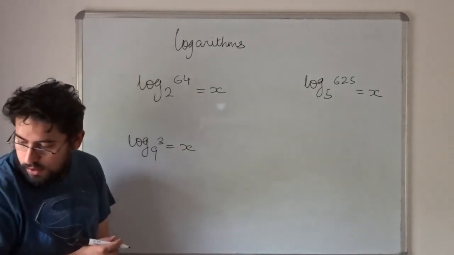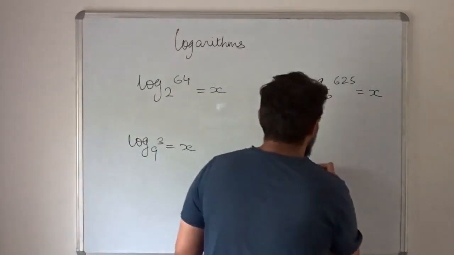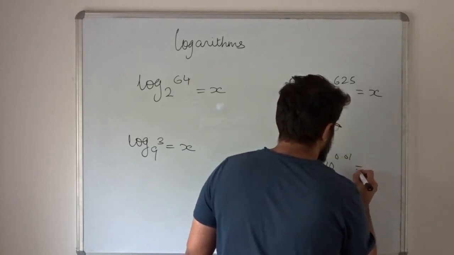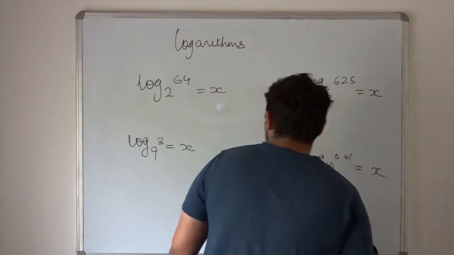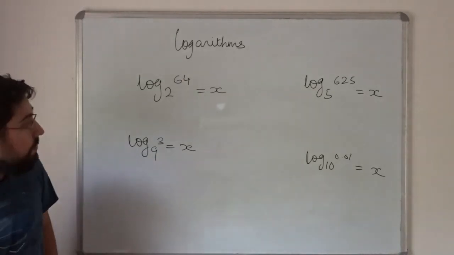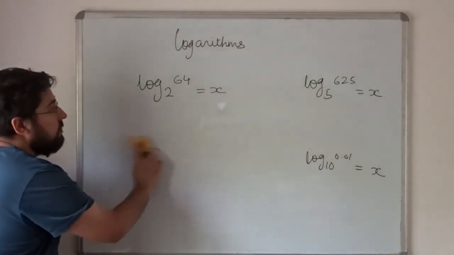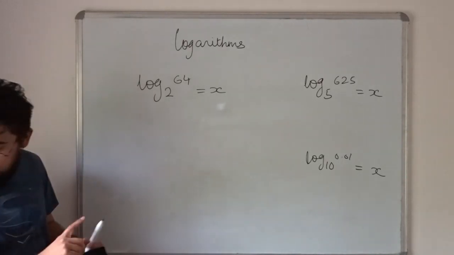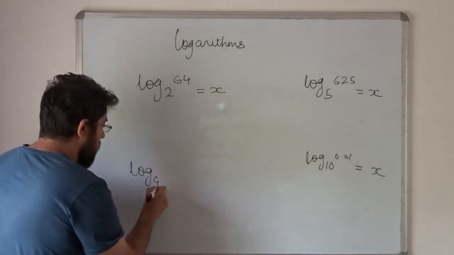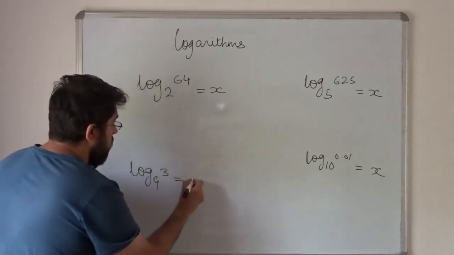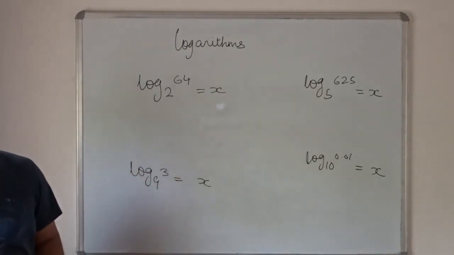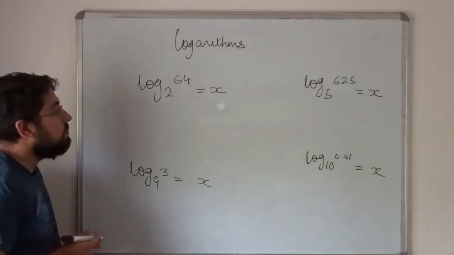And then you have log base 10 of 1 equals x. There's hardly any space on this side, so I'm going to write it right here. Log base 9 of 3 equals x.